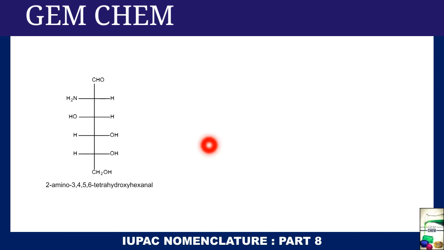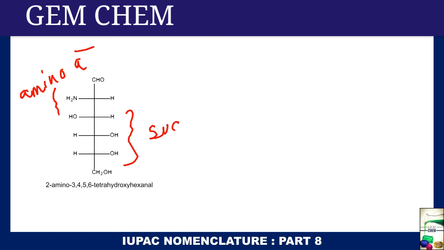Next one, this is also a center, but remember here we can see that here is OH, but at the last center there is an NH2 with respect to alanine and serine. So we have to always remember this nomenclature will be with respect to amino acid, whereas these nomenclatures will be with respect to sugar.